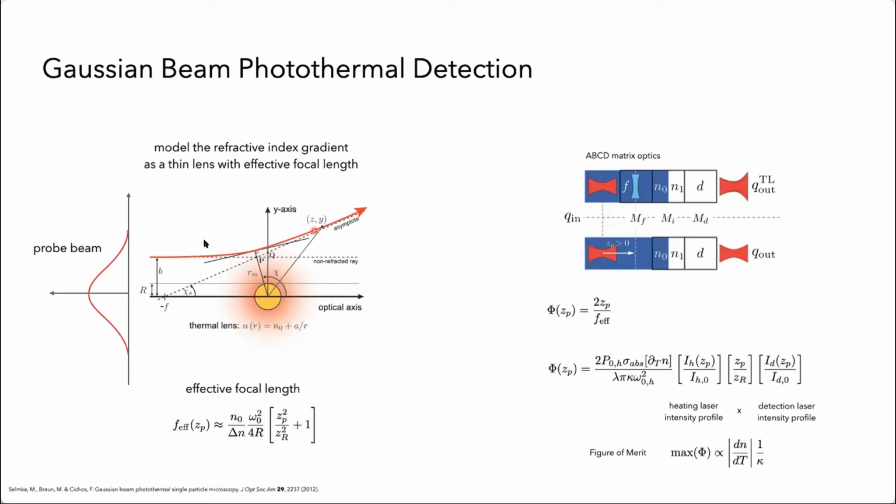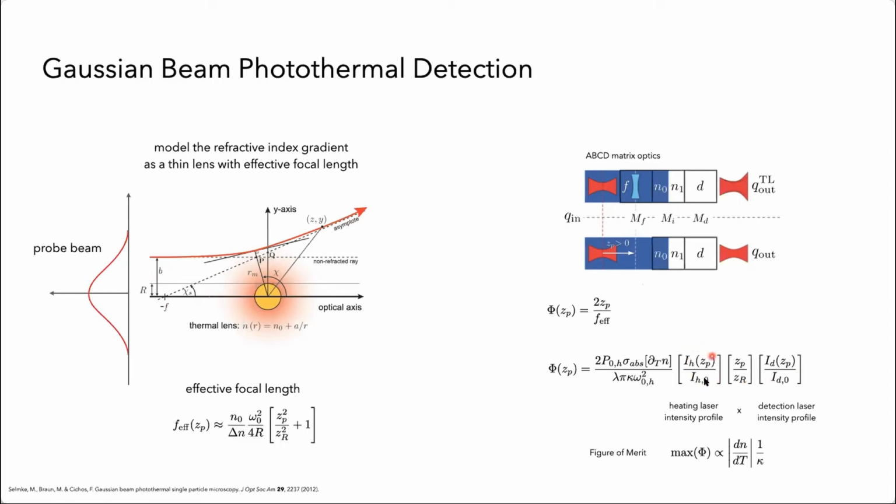That means you extract from that Rutherford experiment some effective focal length. If your light beam goes in like this, you have that focal length. If you are a bit closer, then you probably have a shorter focal length. With an effective focal length you can describe the system by matrix optics techniques: you create some free space, a lens, some interfaces, and then some detection. From that, you get a photothermal signal, which captures most of the things we've seen before.